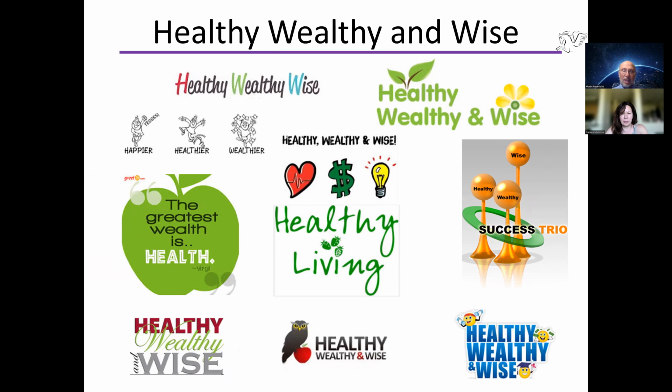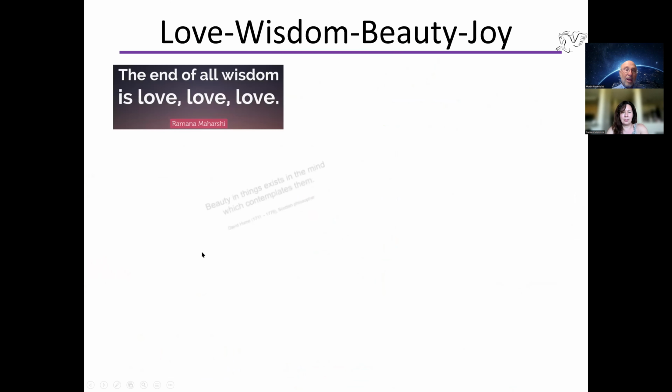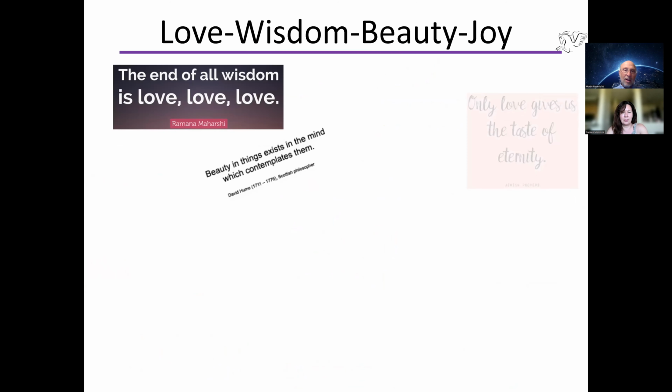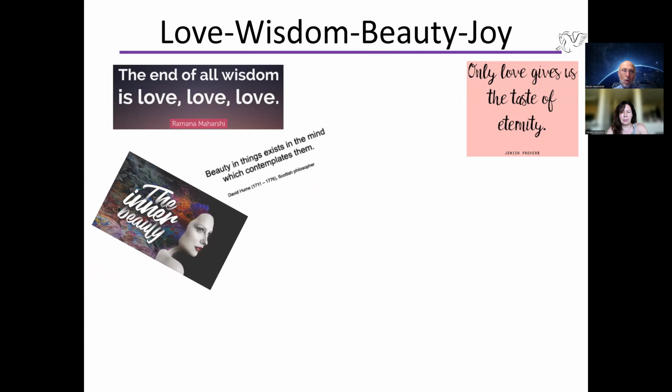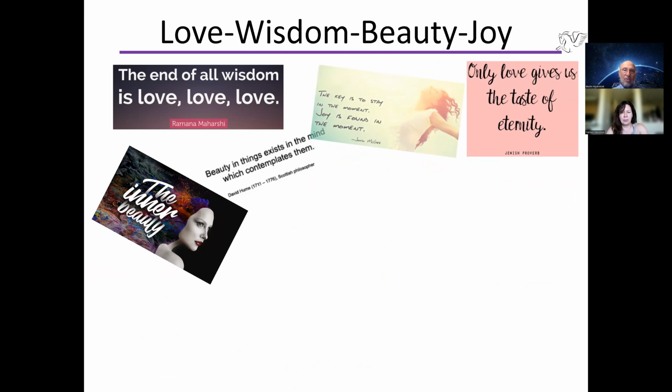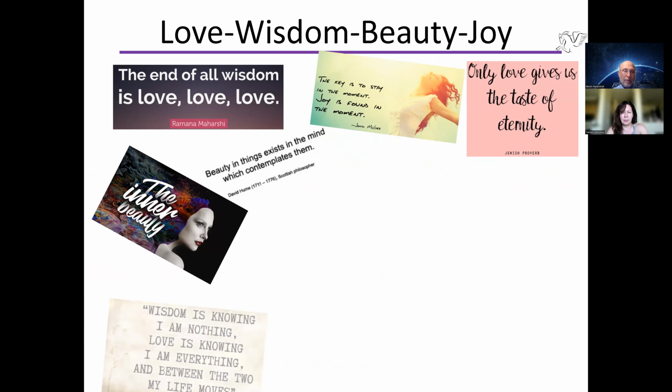All of that just helps with all of this. I think it does help with your health as well, and the greatest wealth is health. And then this I actually got from the Monroe Institute when they had me do a meditation through 4 pools: love, wisdom, beauty, joy.